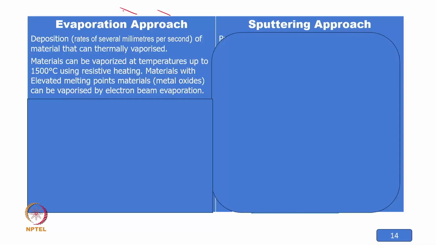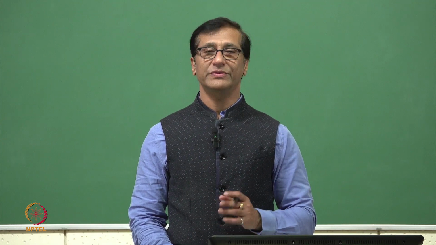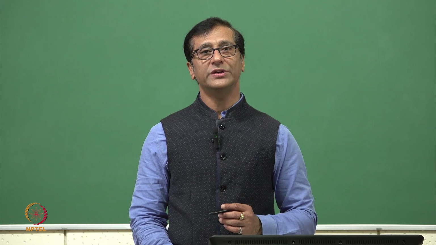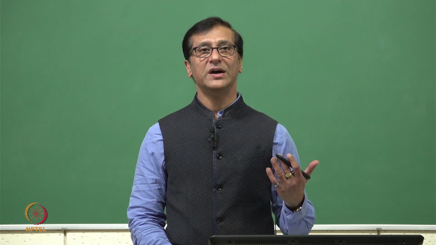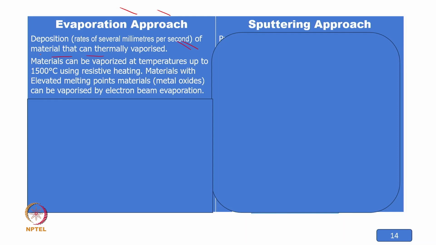Now coming back to PVD, we mentioned two approaches, the evaporation approach and the sputtering approach. When we compare the evaporation approach with plasma or thermal spray coating, thermal spray will be very fast compared to evaporation coating. That's not easy to compare.